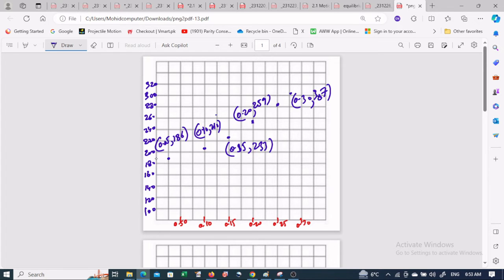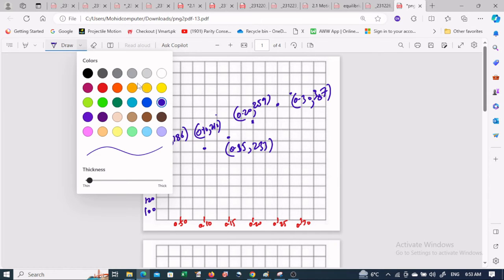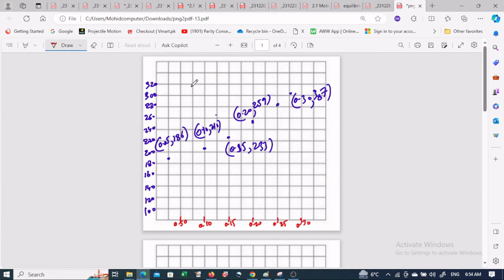Okay, I draw the graph. Now the graph should be a straight line, because this is the equation of a straight line. In order to find the straight line, we need a minimum of 3 to 4 points for the best fit line. We have to draw the best fit line.